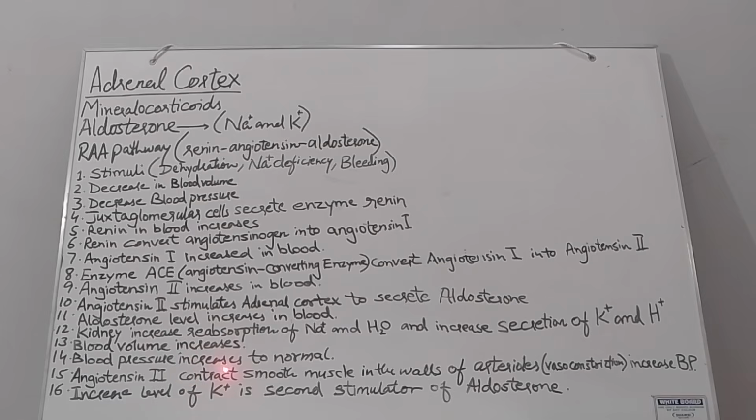Also, the increased level of potassium, which was produced by the kidney in its second step, the secretion of potassium and hydrogen, will also act as a second stimulus for aldosterone. So in this way, this is the RAA pathway, or the renin-angiotensin aldosterone pathway. This is important for the control of the secretion of aldosterone.